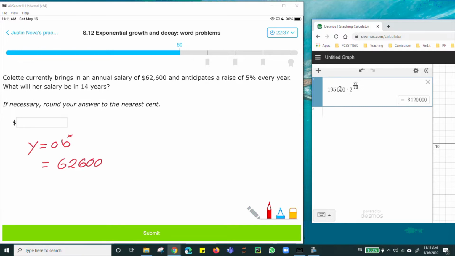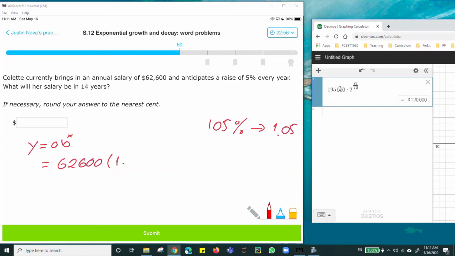So raise 5%. So that means my current 100% is going to increase 5%. So 100% plus 5% is 105%. So 105% as a decimal is 1.05. Okay, because I need a decimal version of that.